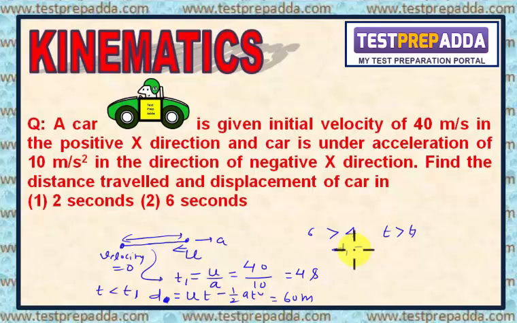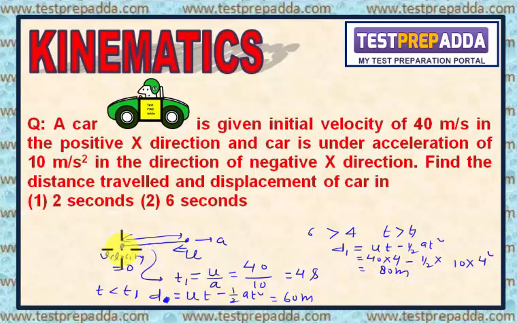Let us say this as d1. d1 will be how much? d1 will be ut minus half at square, and if I substitute 40 into 4, this motion, the car travels how many seconds? 4 seconds. Minus half, a is given how much? 10 into this 4 square. This d1 comes as 80 meter.